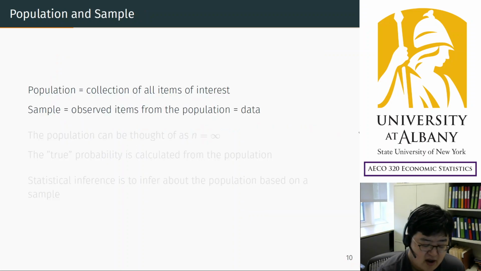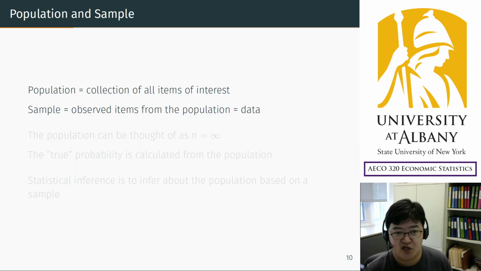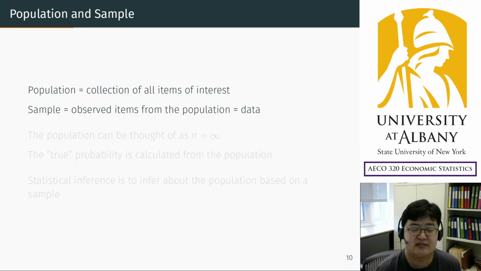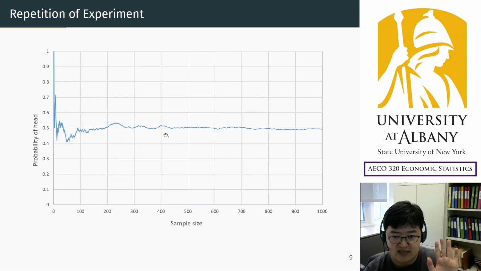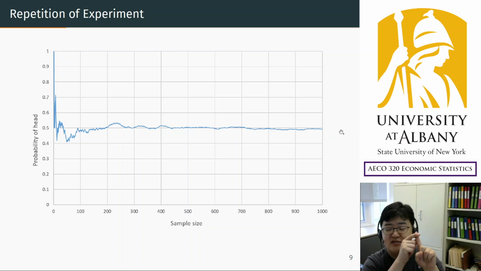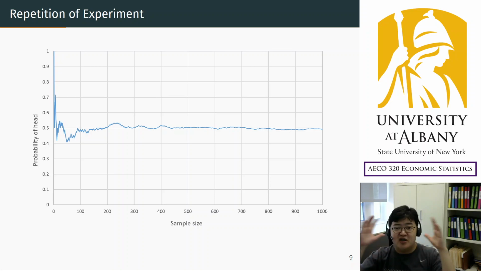So here I will distinguish two important concepts to understand statistics. First, as I said, in our previous example, there are two probabilities we compared. One is the true probability, 50%. 50% is the true probability we know in this example, but in general, true probability is unknown, right? That's one thing.